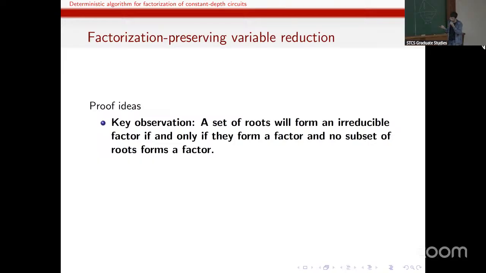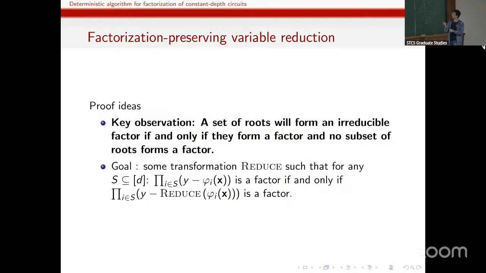I am not sure I should really go much more into the proof ideas. Maybe I'll just say a couple of lines. I want to somehow reduce the number of variables while maintaining irreducibility. It turns out that you can capture the irreducibility of a factor using some sort of divisibility conditions.